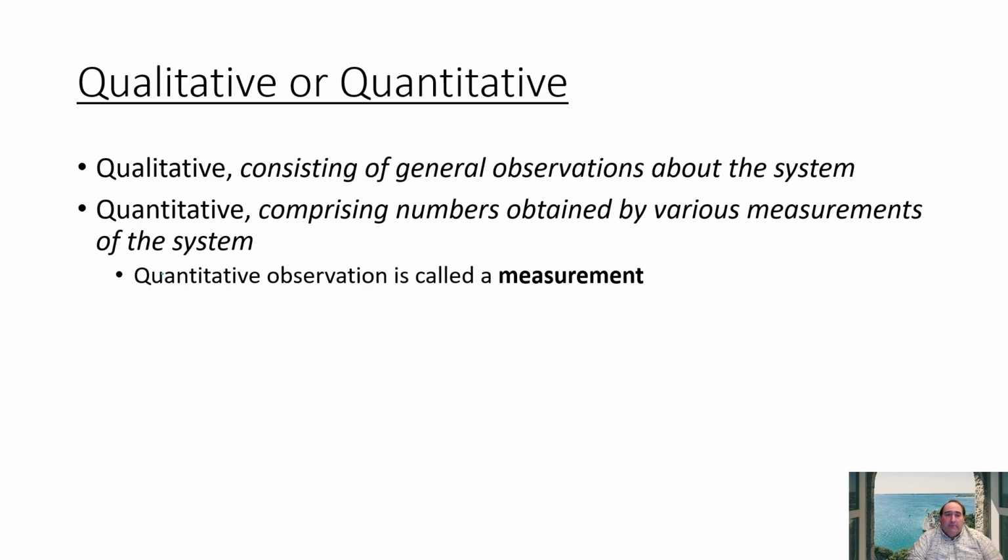Maybe it's purple, maybe it has polka dots, maybe there's rainbows, whatever it may be, stars, that type of thing, a solid form, and those type of things. Now, when we do take a measurement, that is more quantitative, and quantitative is comprised of numbers and values that you get through some type of measurement that you take. So a quantitative observation, as you can see there, is a measurement.